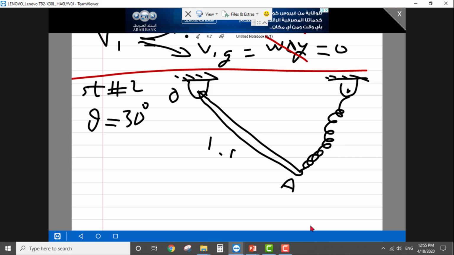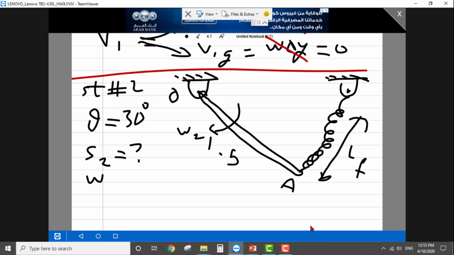This length is 1.5, and this is the stretched final length, L final. We need to figure out S2, which is unknown, as well as omega 2, which is needed. Again, it's unknown. This is the reference, and this is 30 degrees.